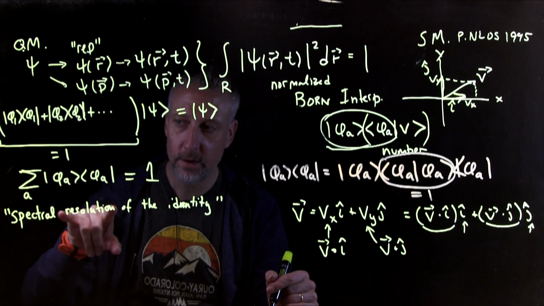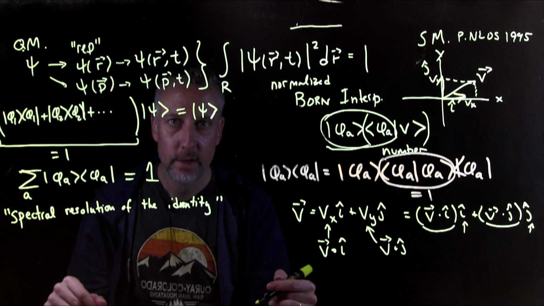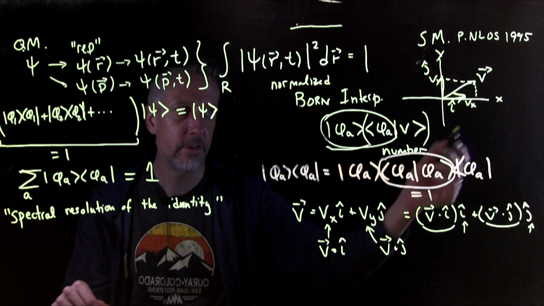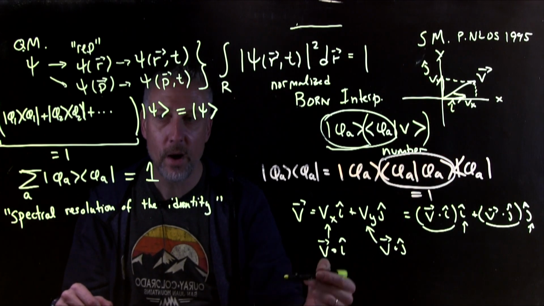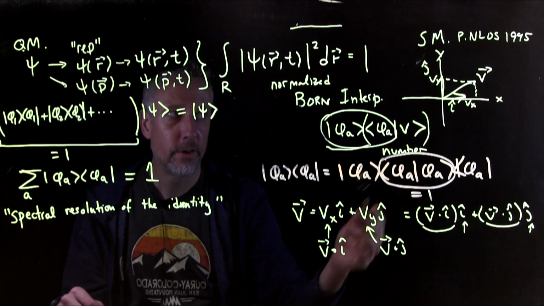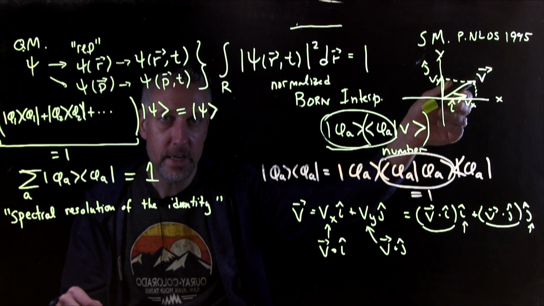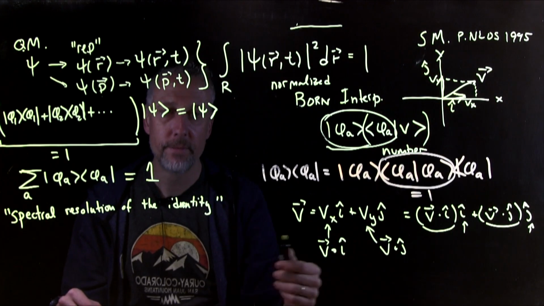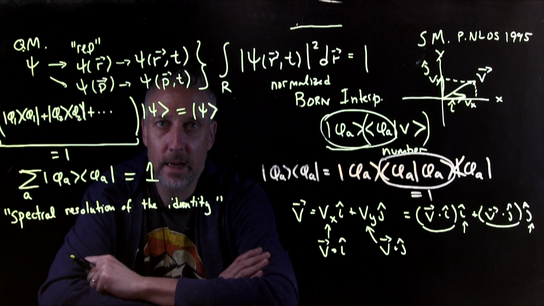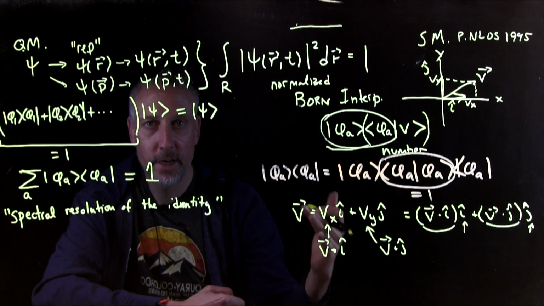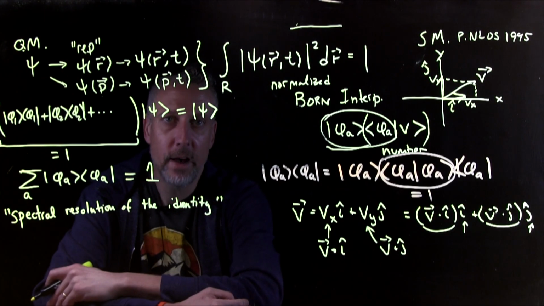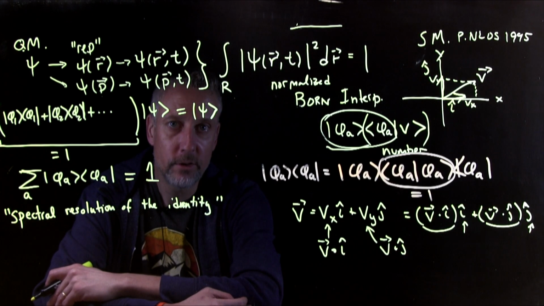Because if I have some vector like v, and I want to switch it to be in the basis of x and y, I simply figure out what's the Rosetta Stone for translating from v into x and y. That's what you do almost all the time in quantum mechanics. You start out with a basis, then you figure out how you have to transform that basis to get, for example, eigenvectors of another problem that you're interested in.